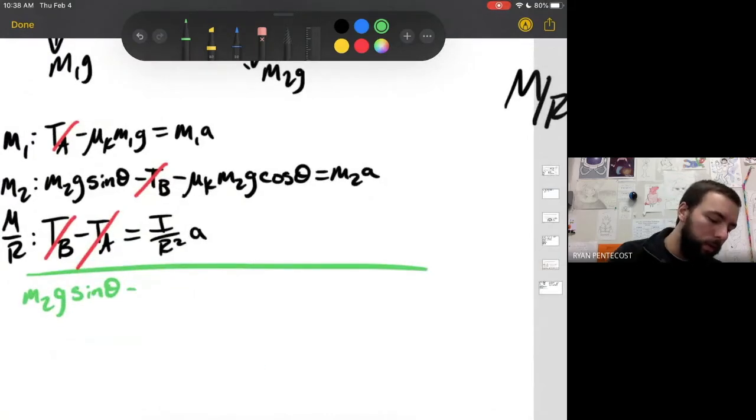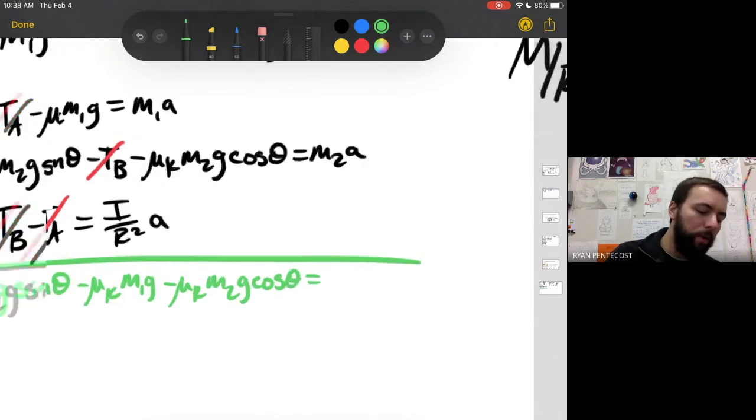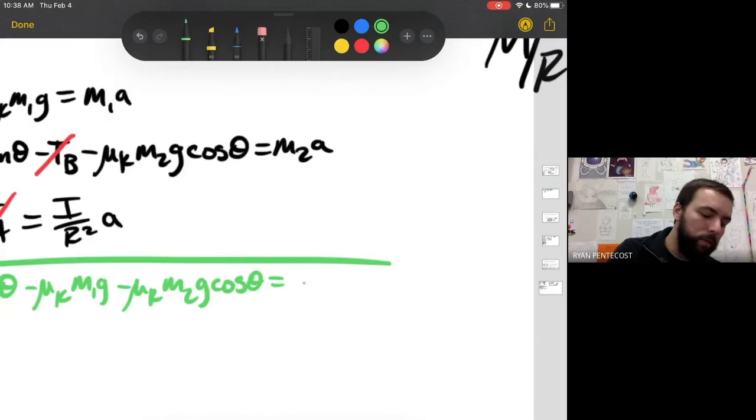So now we're going to include our friction. You've got mu k m1 g minus mu k m2 g cosine theta. Okay, and then we need to add up all of our a's. So you've got acceleration times m1 plus m2 plus I over R squared.